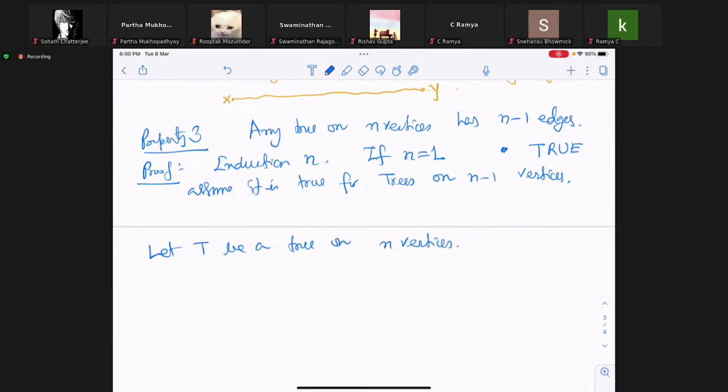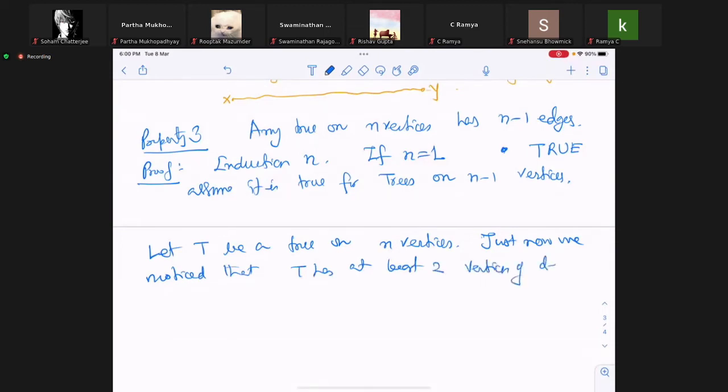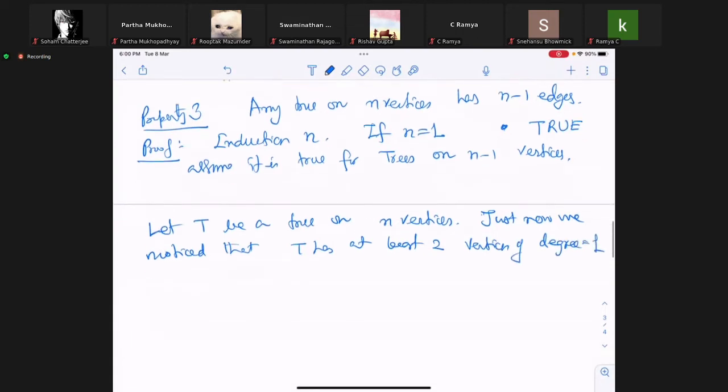We have just now noticed that T has at least 2 vertices of degree equal to 1. Right? So let U be one such vertex.